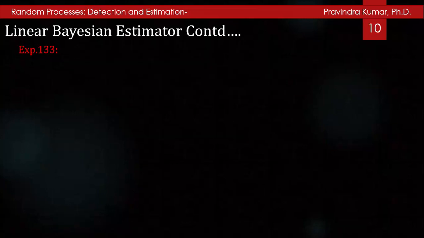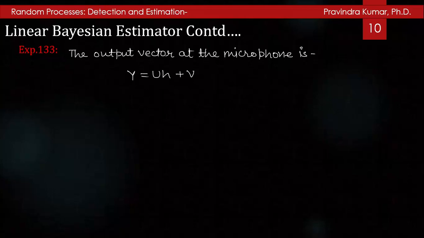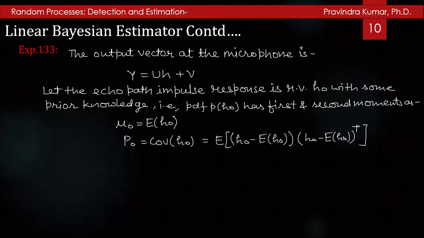can be expressed as y is equal to UH plus V. Let us assume that the echo path impulse response is a random variable H naught with some prior knowledge, meaning the PDF p of H naught has first and second moments.